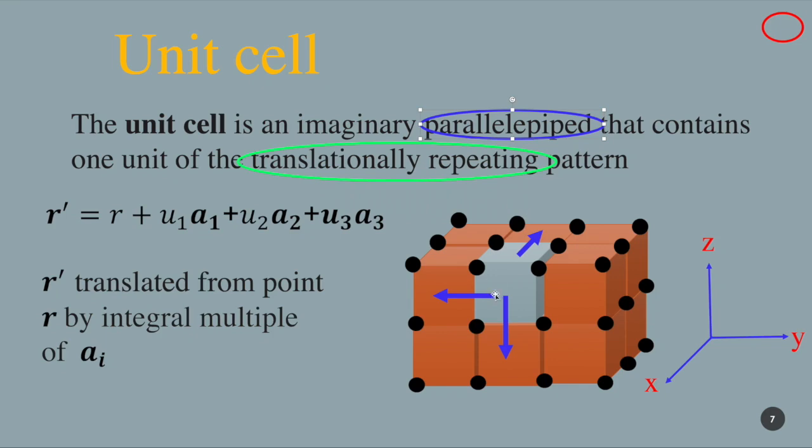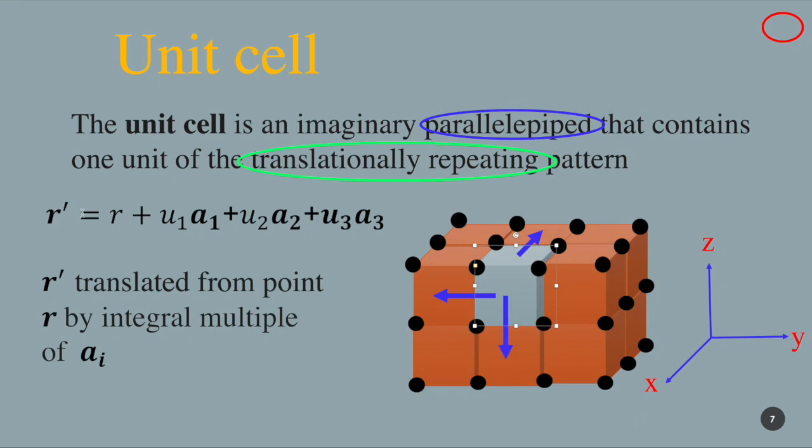Translationally repeating patterns means that if we move, let's say that we have identified this gray block as the unit cell. Now if we move translationally by 1 unit, it is completely indistinguishable from the block next to it. Similarly, we can move in the other directions and it is indistinguishable.